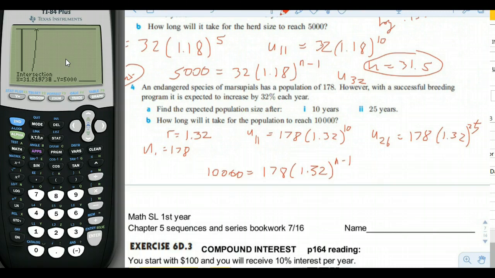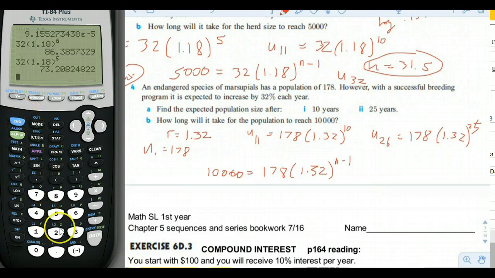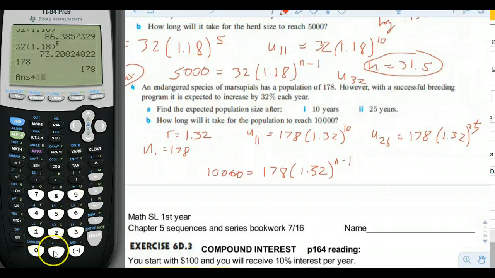Okay, and so let's do this a different way. On the calculator, you could just do repeated multiplications. You could put in 178, and then you go times 1.32. And so this would be after 1 year, after 2 years. I'm just hitting enter here.